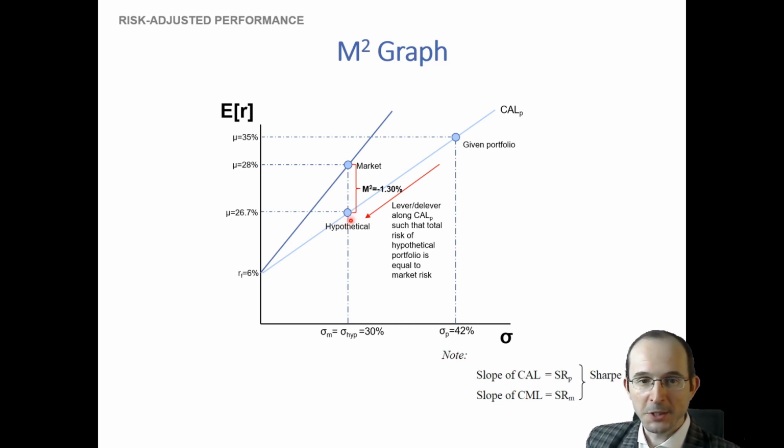Once we delever our position enough such that our total risk is equal to that of the market, now here's our hypothetical portfolio with total risk equal to that of the market at 30%.